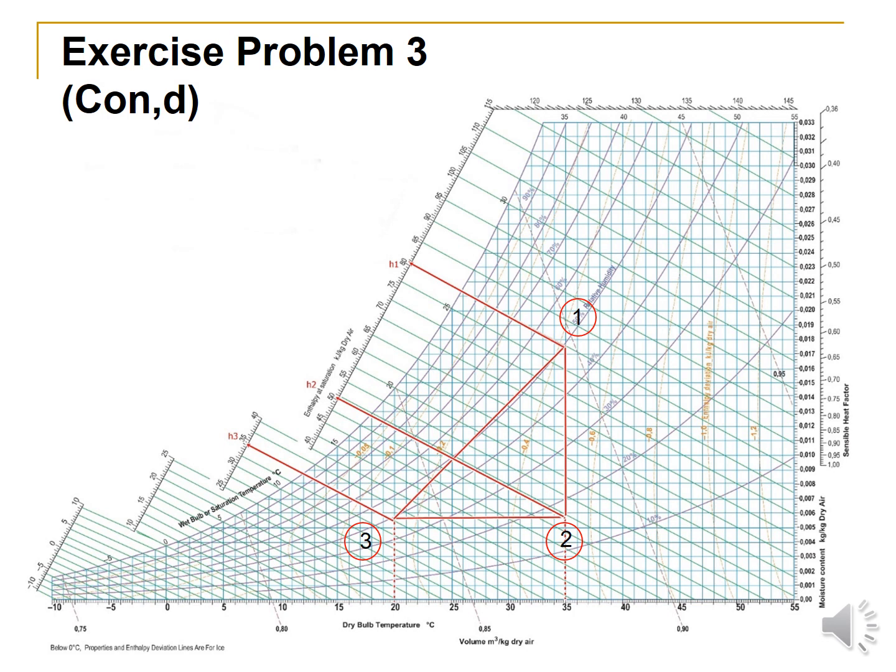So we can see that 3 points will be formed, 1, 2 and 3. So 1 to 2 will be the latent heat because the temperature will remain constant, and point 2 to 3 will be the sensible heat. And the formula for sensible heat factor is equal to sensible heat divided by total heat, that is sensible plus latent heat.